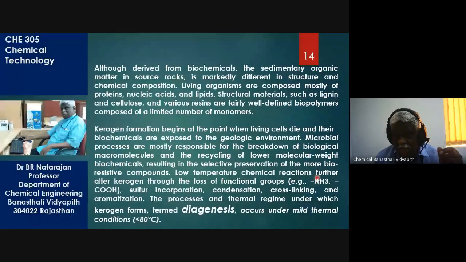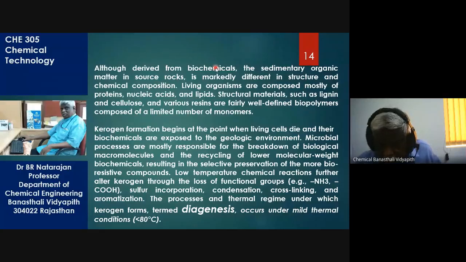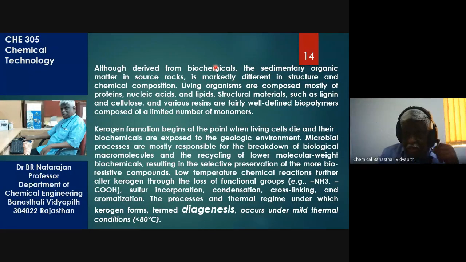Low temperature reactions alter the kerogen through loss of functional groups like ammonia, NH3, COOH, they all got lost. Sulfur coming, condensation, cross-linking, aromatization. Remember, aromatization is a straight chain hydrocarbon forming into a cyclic, and then from cyclic forming aromatic, like n-hexane becoming cyclohexane and cyclohexane becoming benzene.